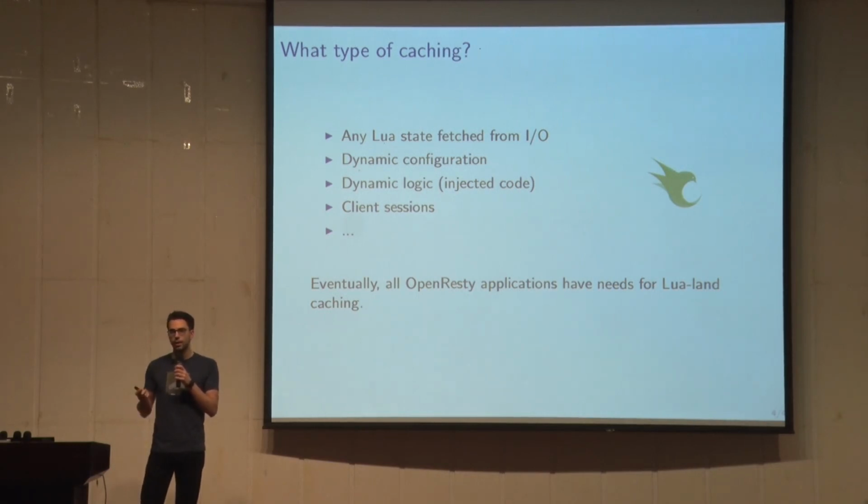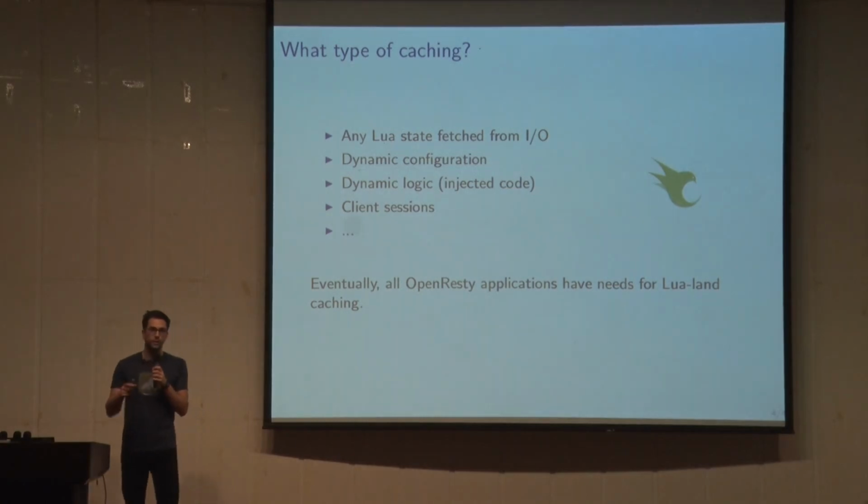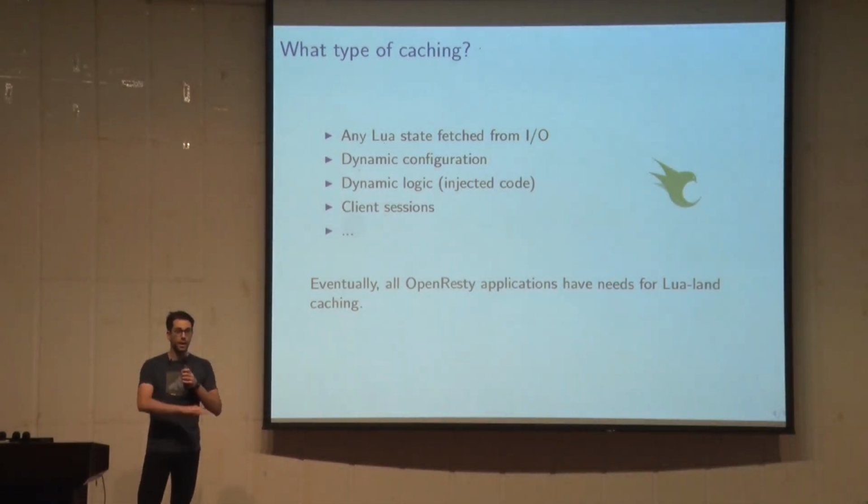In this particular case, when I talk about caching, I'm talking about the state in the Lua land. Every application needs to do that at some point. Every OpenResty application will have to fetch some data and store it in Lua for processing.